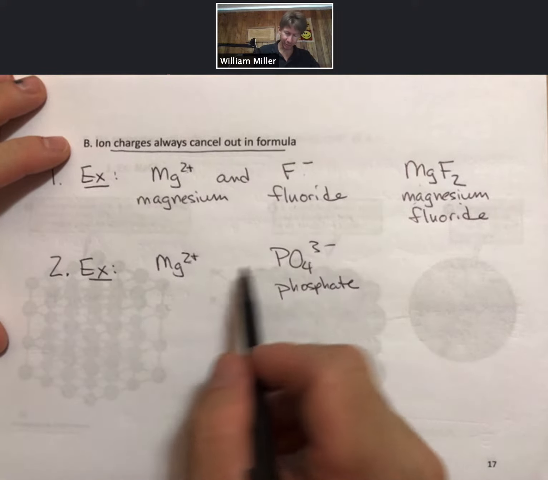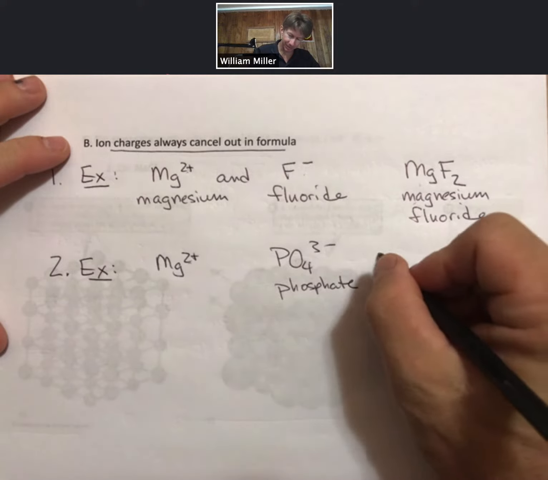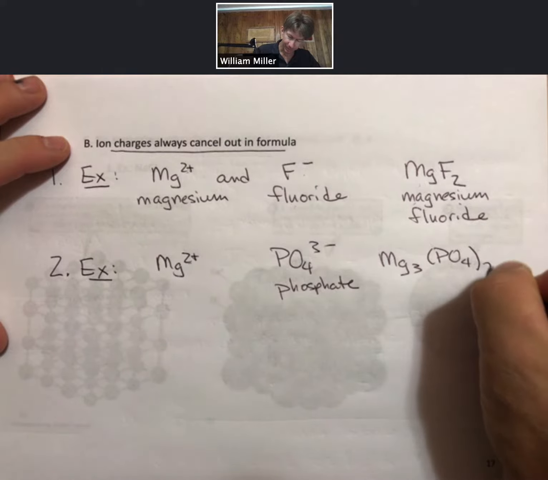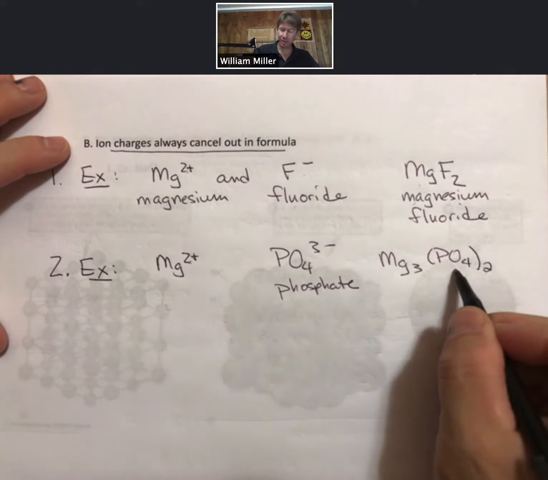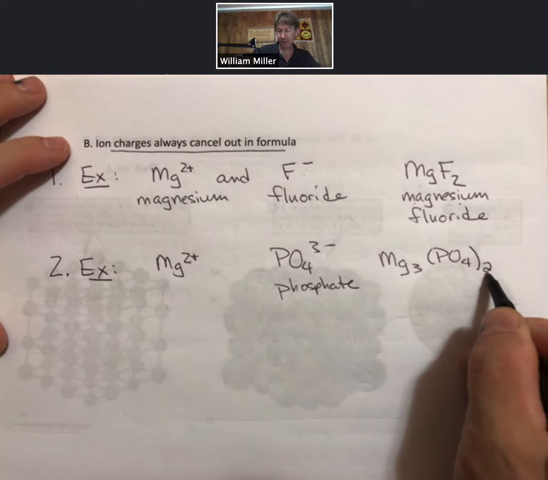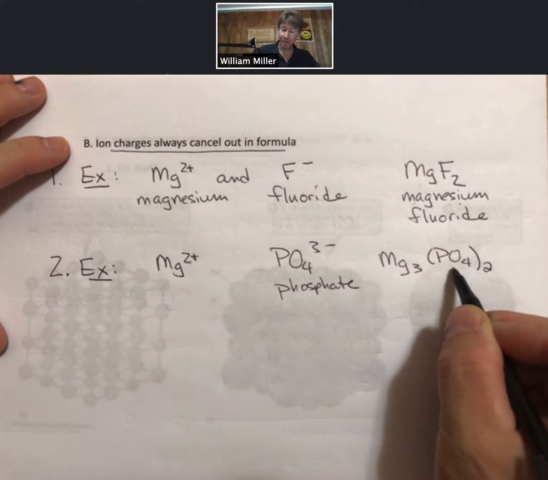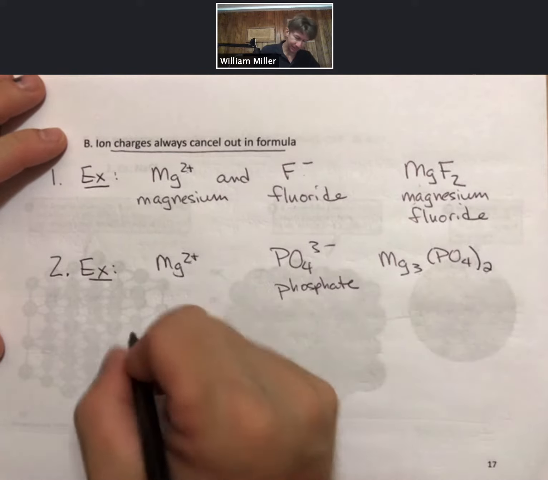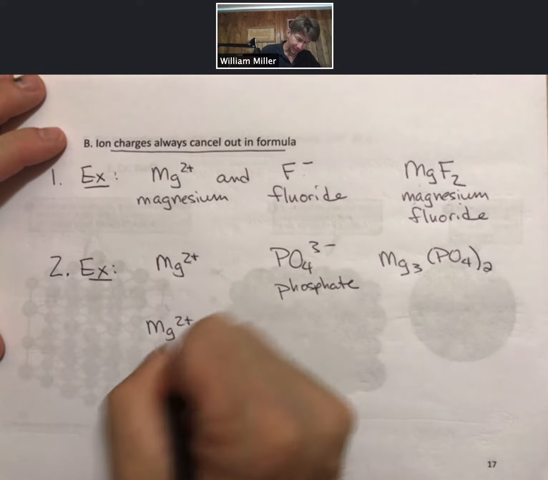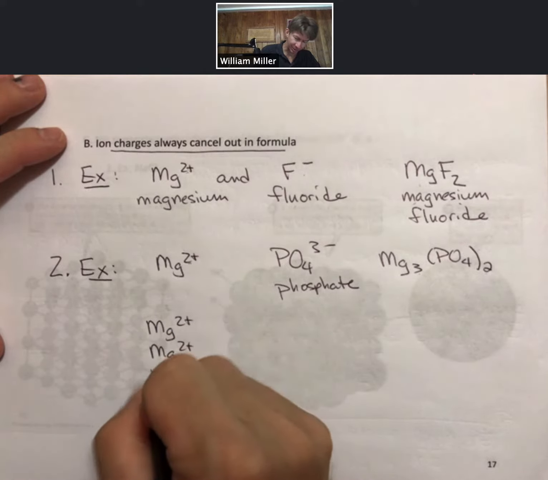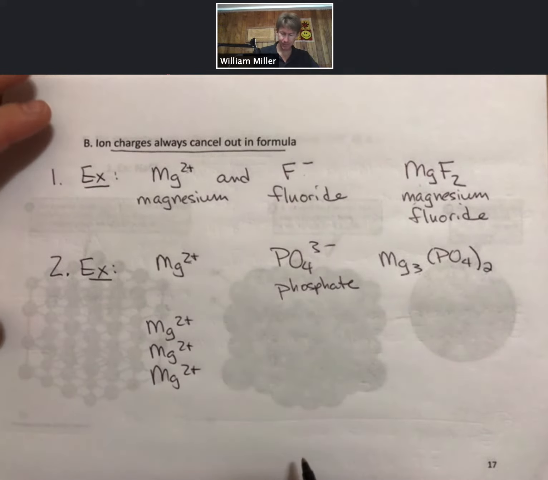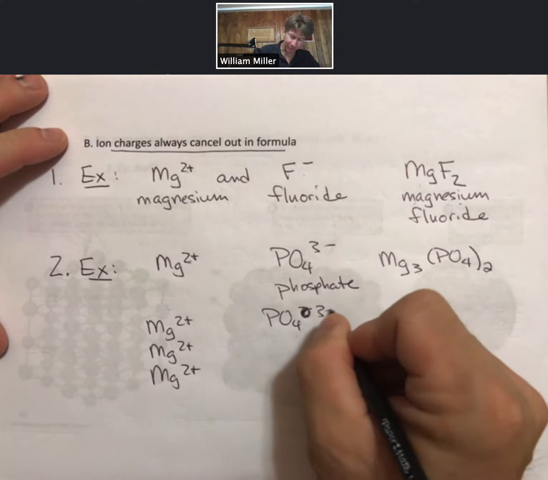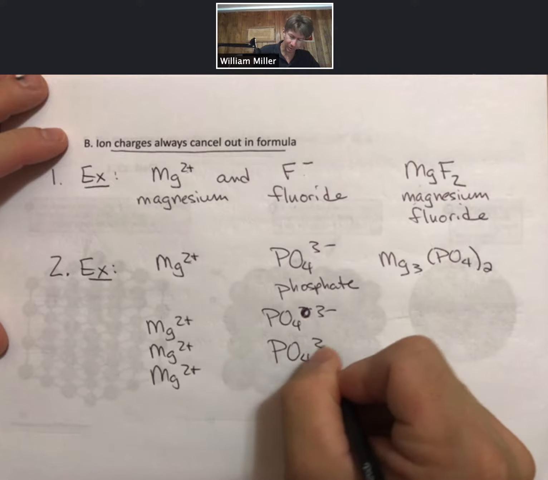In fact, if we do 3 of the +2s and 2 of the -3s, where the parentheses and the 2 mean there are 2 phosphates, and the 3 means that there are 3 magnesiums. Magnesium 2 plus, magnesium 2 plus, magnesium 2 plus, phosphate 3 minus, phosphate 3 minus.